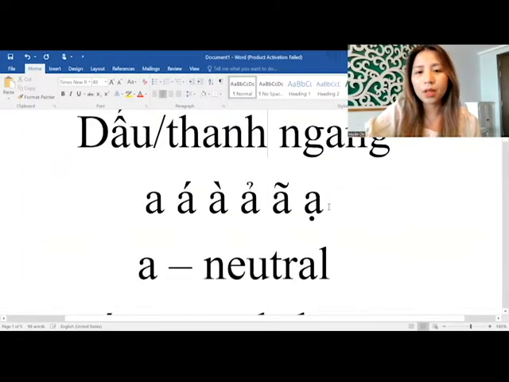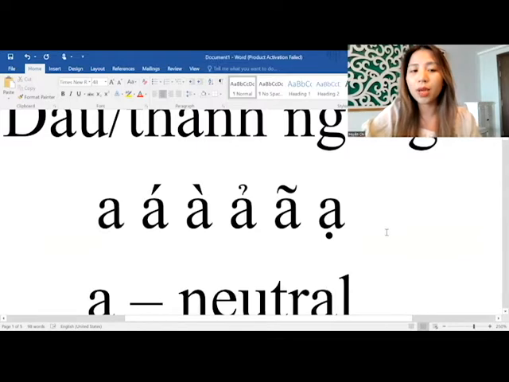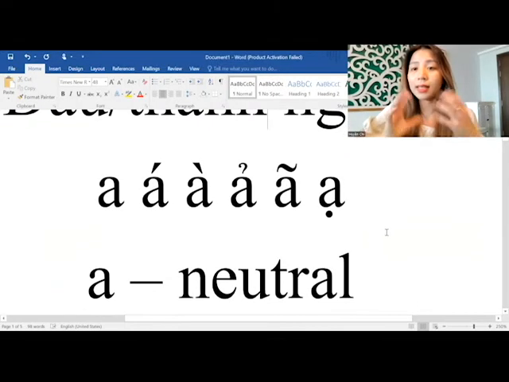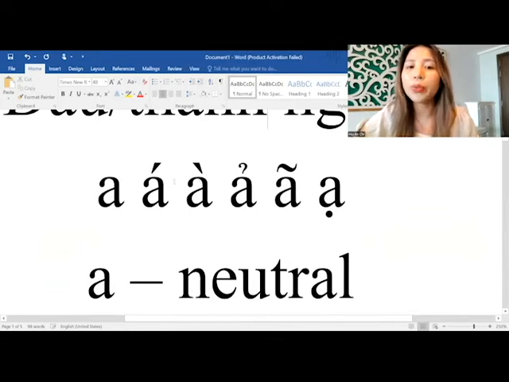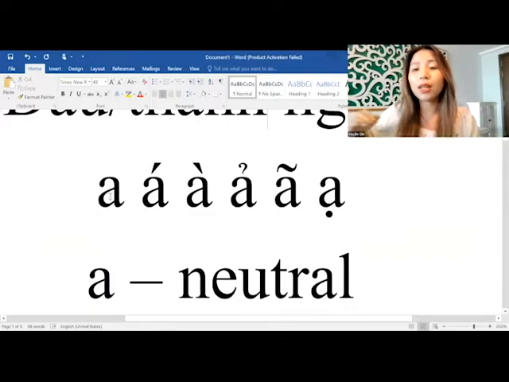Okay, so I need to put the tone into a letter so that it makes more sense to make the sound, okay? So we'll put the tone into letter A, but in Vietnamese, it sounds A. Firstly, if it has no tone, it is neutral, like I said.